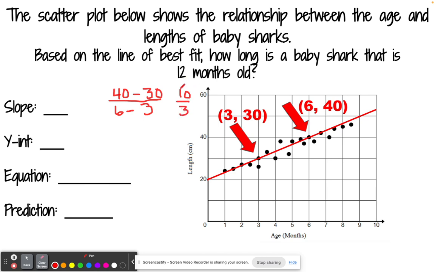It means that every 10 months they grow 3 centimeters? 10 over 3. My y-intercept, I can see right there. My y-intercept looks like it is 20. So my equation would be y equals 10 over 3x plus 20.